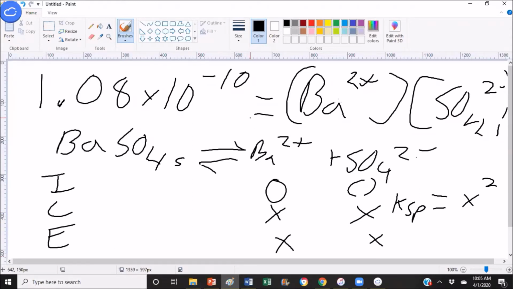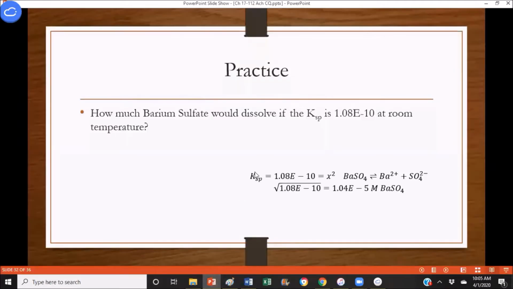So how do we solve for X? We take the square root of both sides. When we take the square root of 1.08 times 10 to the negative 10th, we get 1.04 times 10 to the negative 5th. That's the concentration of barium, and that's the concentration of sulfate. The concentration of both of those.